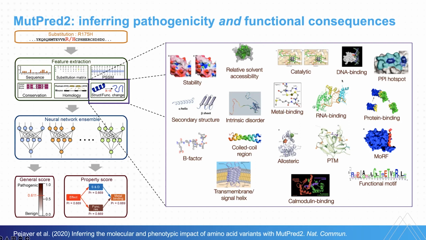So inside MutPred2, there are 50 different machine learning models that predict different structural and functional properties. And we make predictions based off of when the protein sequence is unmutated versus when it's mutated, and then combine those two scores from each of these models to make predictions about which properties are likely to be disrupted. So that's our contribution.